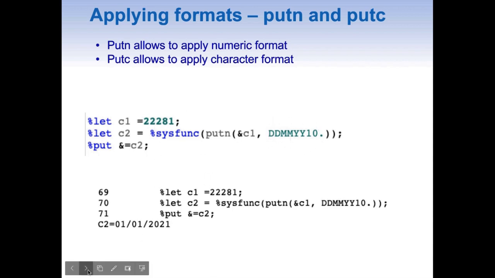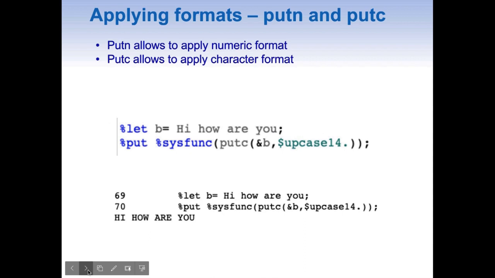And we have applied here a numeric format. Also we can apply a character format. To apply character format, we need to use putc. In here we have a macro variable b, and we are saying hi, how are you as a part of this macro variable.